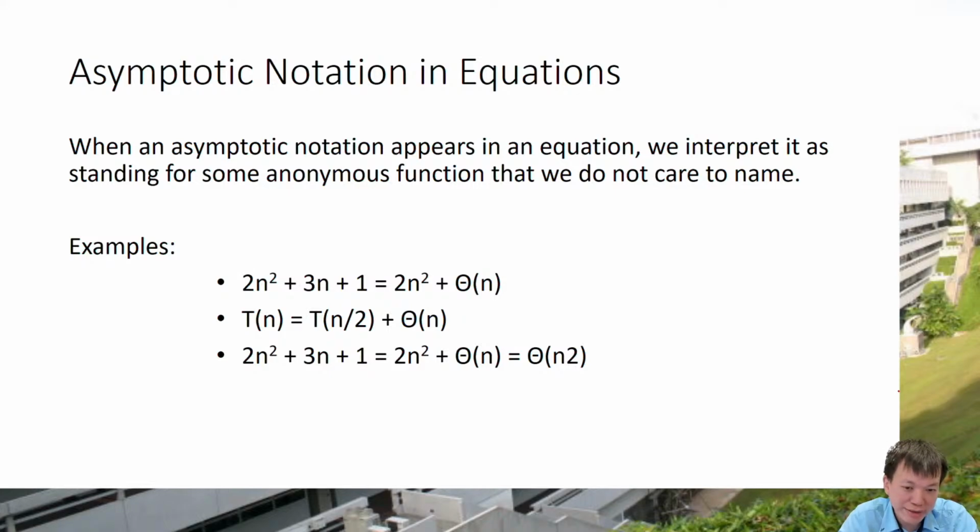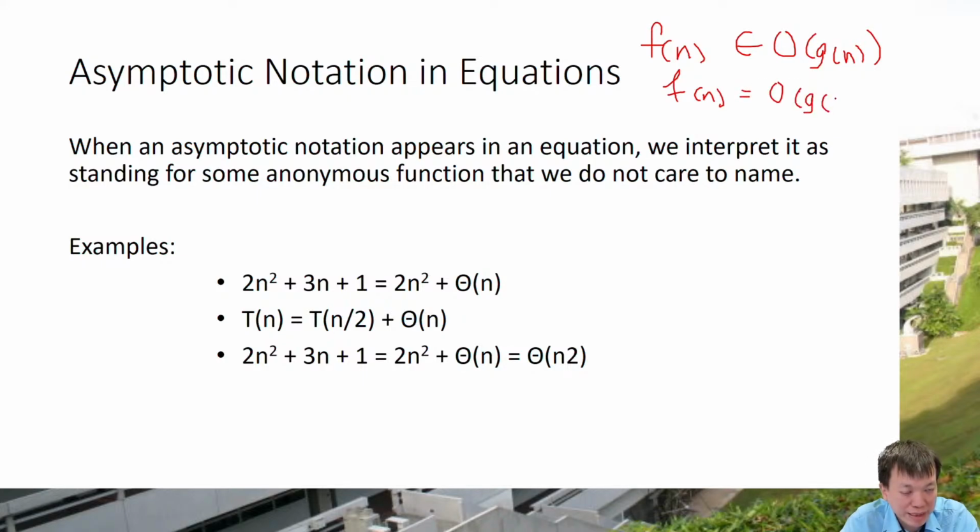So why do I keep saying that computer science people will say that although Fn is in O(Gn), by right it is a set of functions. But in computer science normally they write Fn is equal to O(Gn) by convention, although mathematically speaking this notation is not very correct, but normally they do so.